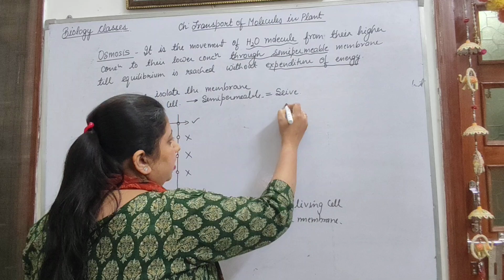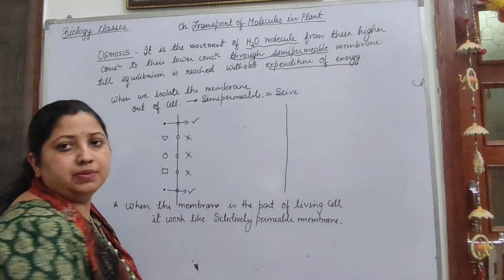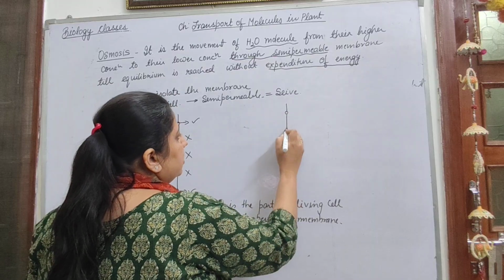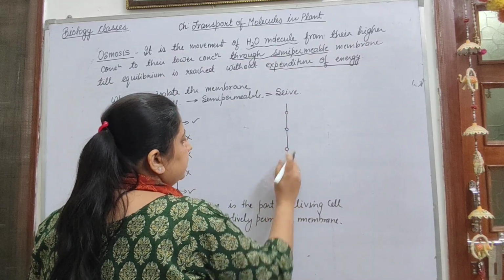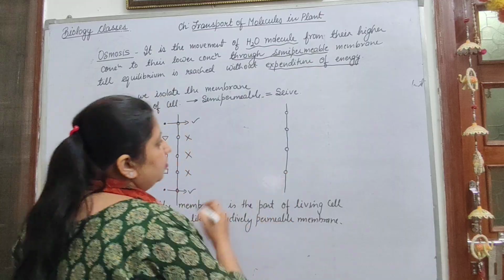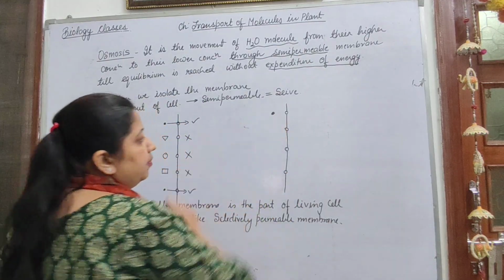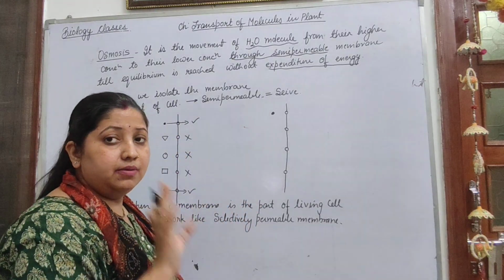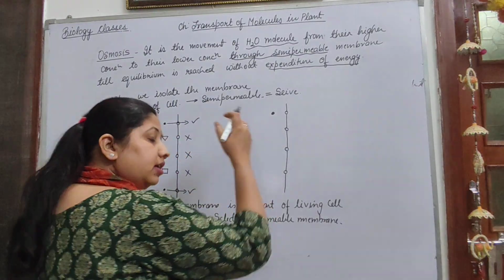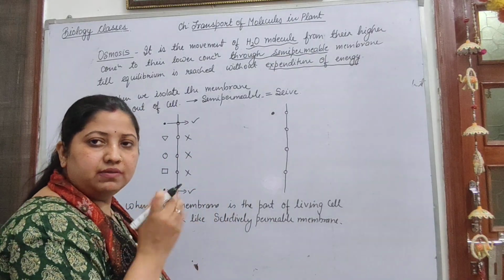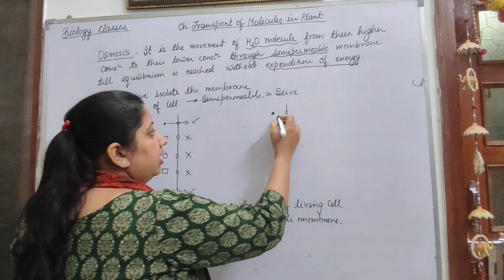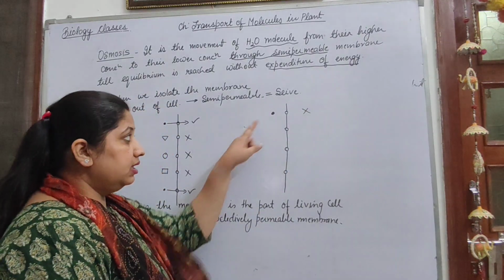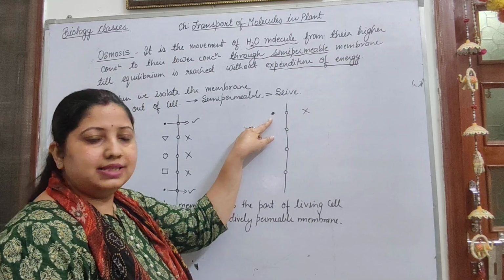Now in this condition, suppose this is your selectively permeable membrane. Whatever its pore size is, it doesn't matter. If a molecule matches the pore size but this molecule is not required by the cell, then whatever the size or shape, it will not cross this membrane because it is not selected by the cell.